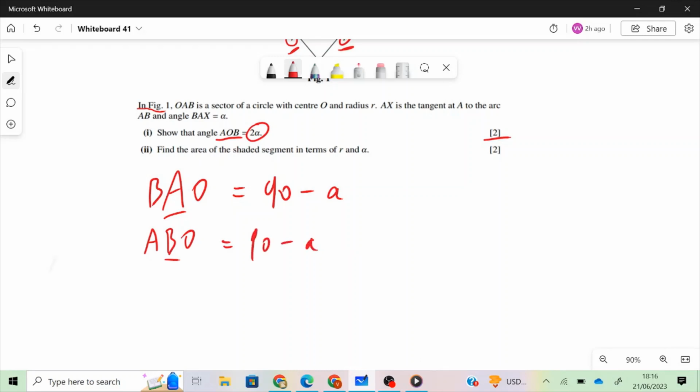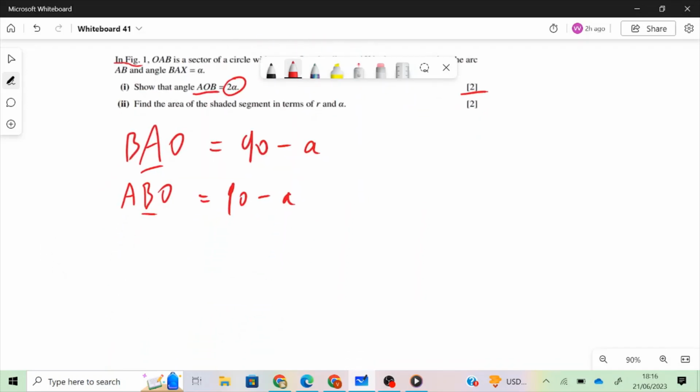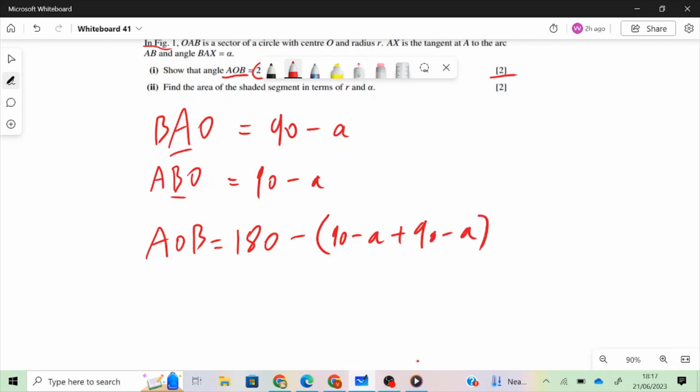If both of them are 90 minus alpha and we want to find AOB, we know that all of this adds up to 180 degrees in a triangle. So our angle AOB is equal to 180 minus, in brackets, 90 minus alpha plus 90 minus alpha.